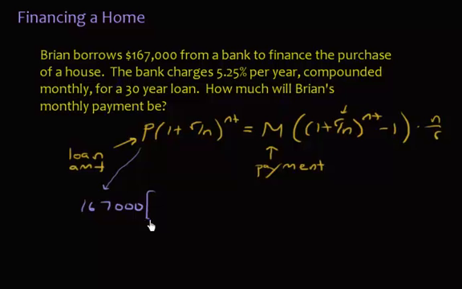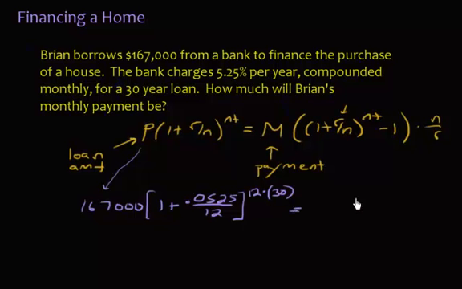$167,000. And then we have 1 plus the interest rate, which is 0.0525 divided by 12, raised to 12 times 30. I'm going to put that in parentheses just so you can see the difference between them.